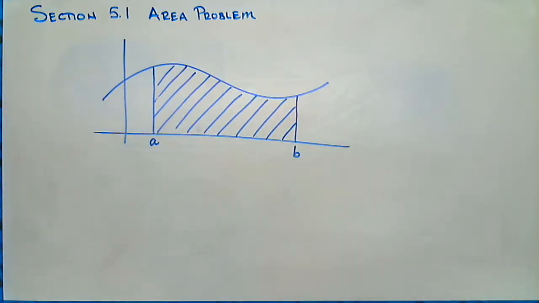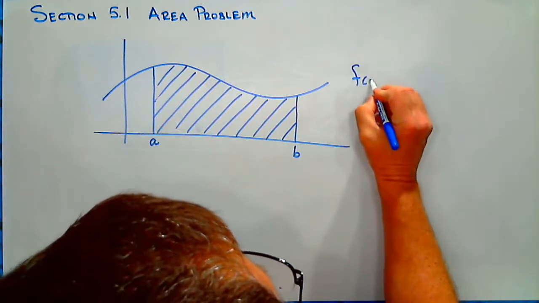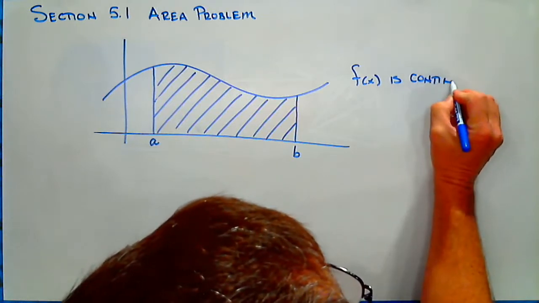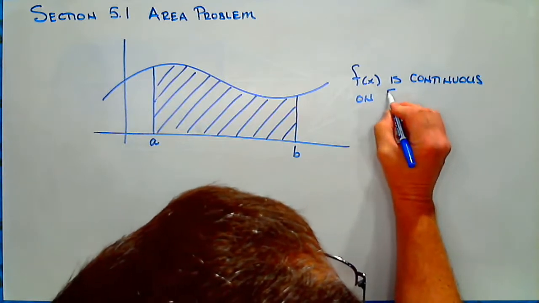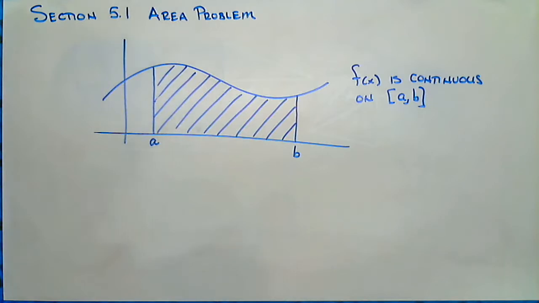How would one go about finding the area of that? So if f is continuous on the closed interval from A to B, how are we going to find the area of that region?